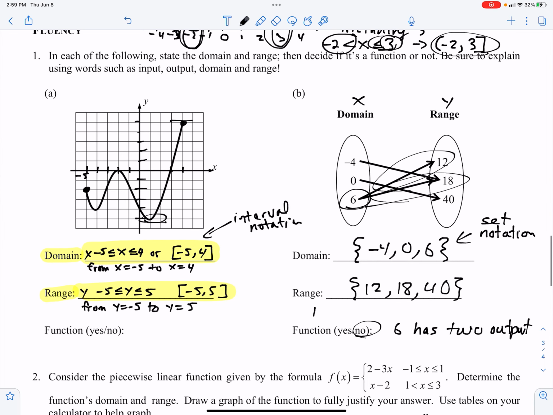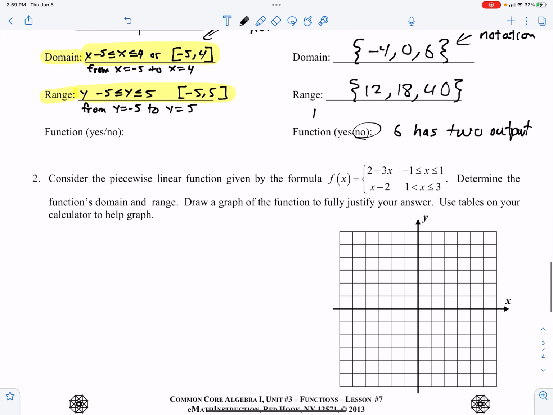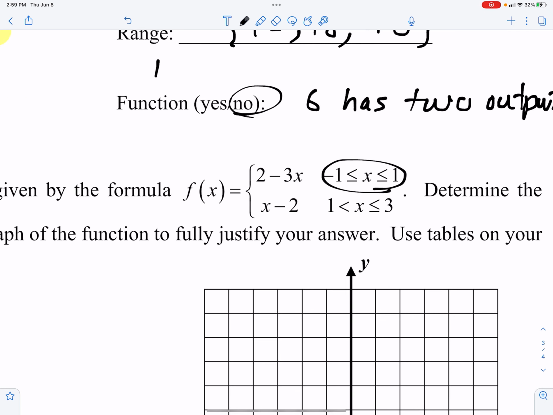Number 2, consider the piecewise linear function given by the formula f of x is equal to 2x minus 2 minus 3x for all x values that are in between 1 and negative 1.